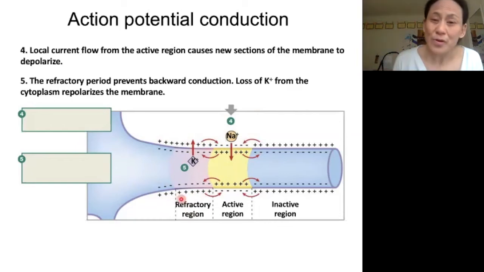If it's in its refractory period, it's not going to be able to undergo another action potential, okay? So that is why we have the action potential traveling in one direction. That is why we have the action potential not conducting backwards, okay?